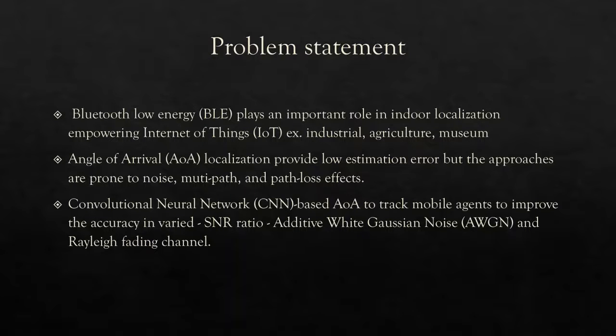For the problem statement, Bluetooth Low Energy or BLE plays an important role in indoor localization and empowering the Internet of Things, such as in industrial, agriculture, and museum. Angle of arrival localization provides low estimation error, but the approach is prone to noise, multipath, and path loss effects.